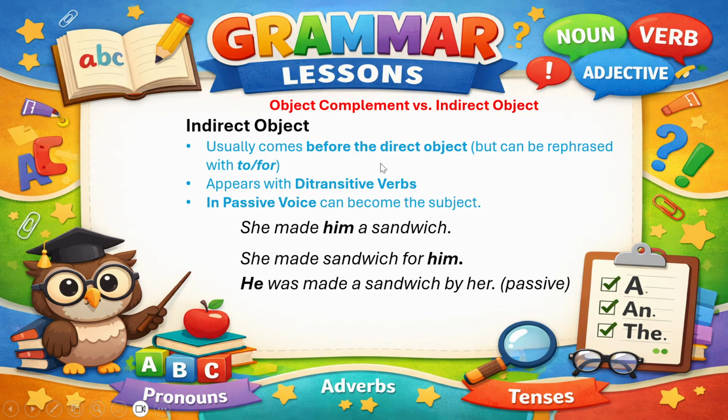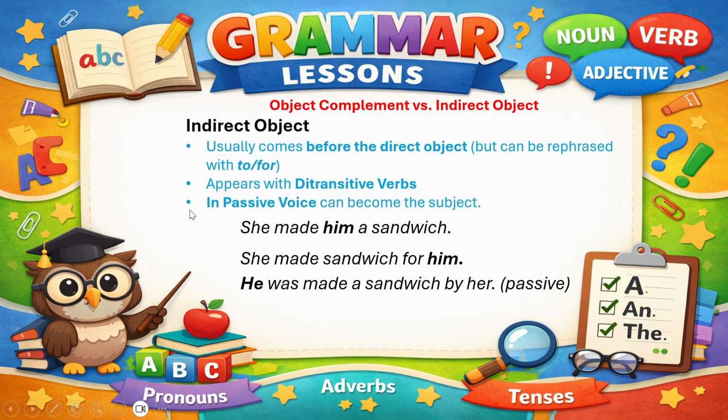But there are some constructions in which we have to use prepositions like to and for. Then we can change the situation. And the second point about the indirect object is that it appears with ditransitive verbs. If you want to know more about ditransitive verbs, do watch my video on that particular point.